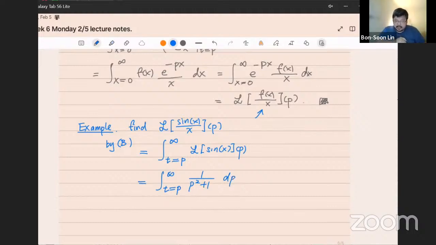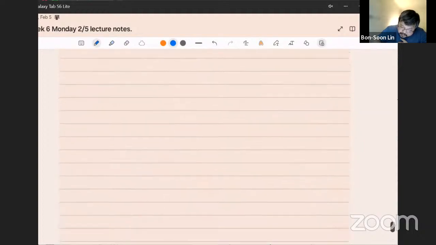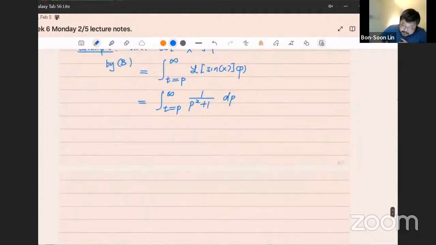And in the chat, you can type in, do you recognize what's the antiderivative of 1 over p squared plus 1? Wonder if we recognize this one from Math 8. So hopefully you do. This is arctangent, exactly. So this is arctangent of p.